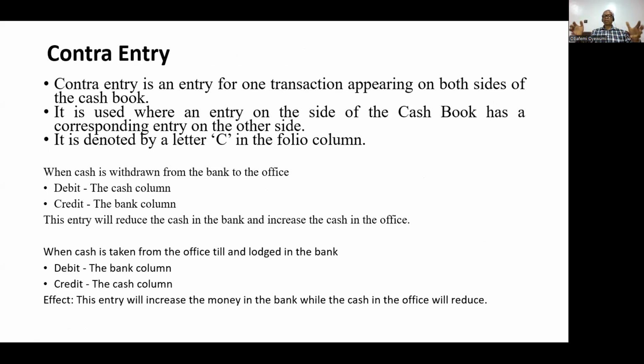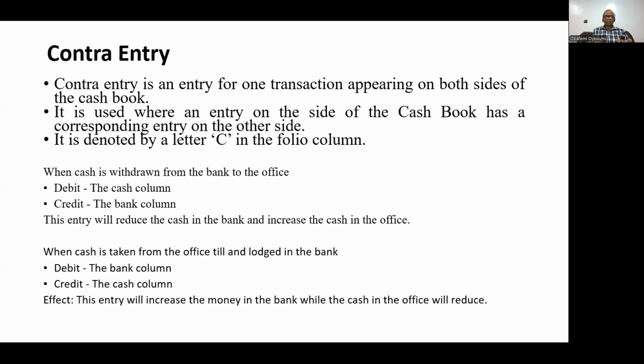Now, you know that for double entry, you have one transaction being recorded on the debit side, and then you have another corresponding entry being credited in another account. But in this case, it means that it is in the same book, all right?